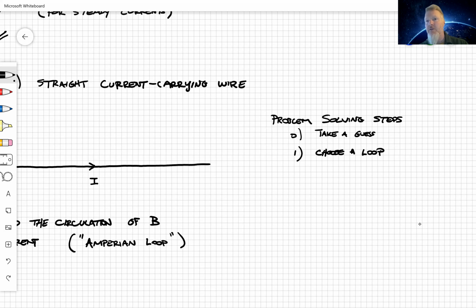We might choose a rectangle or something like that, but okay. So we're going to choose a loop. We're going to need to evaluate what the enclosed current is, and that will be through the loop.